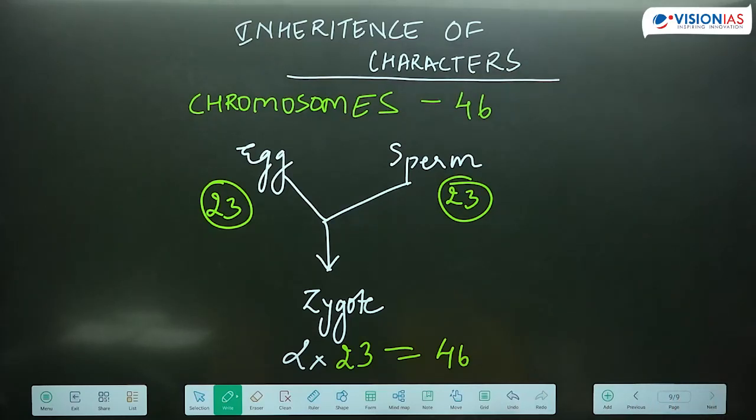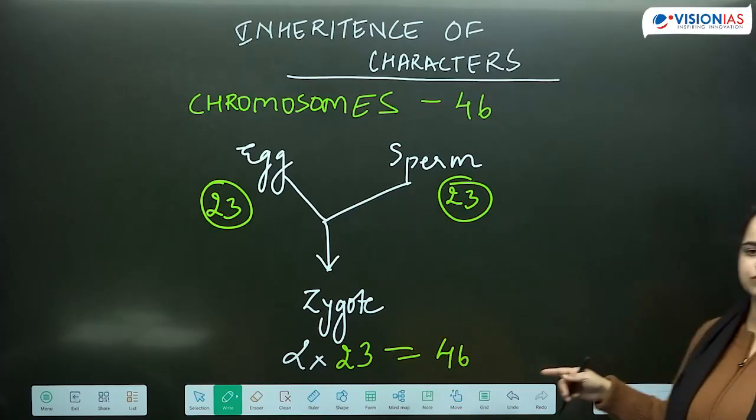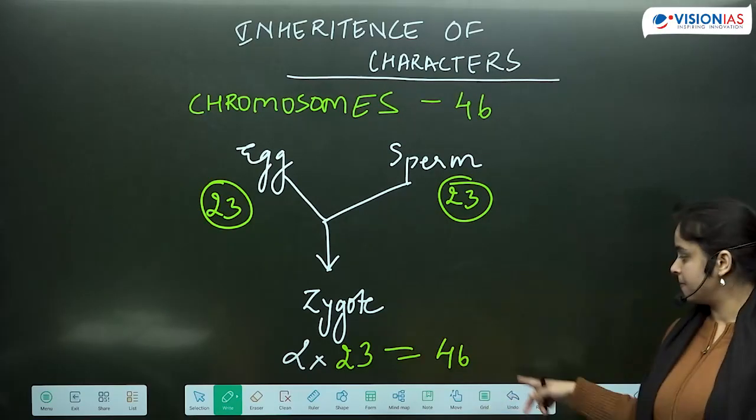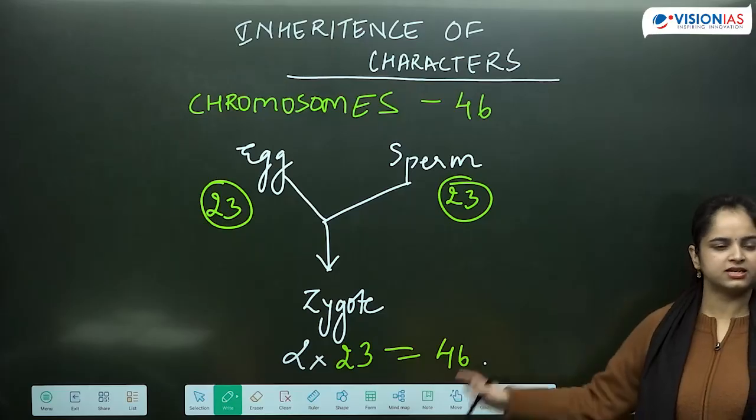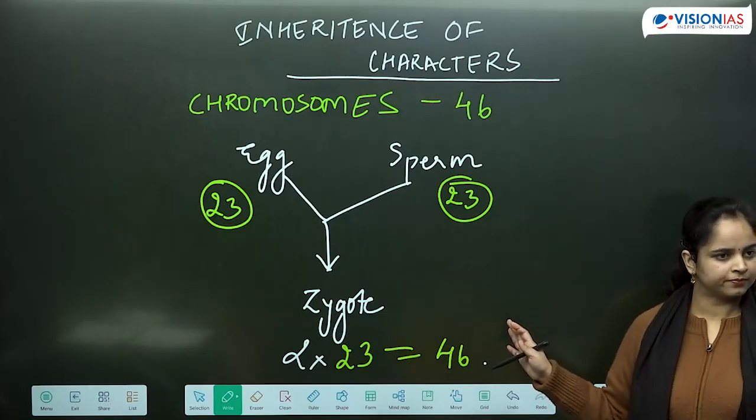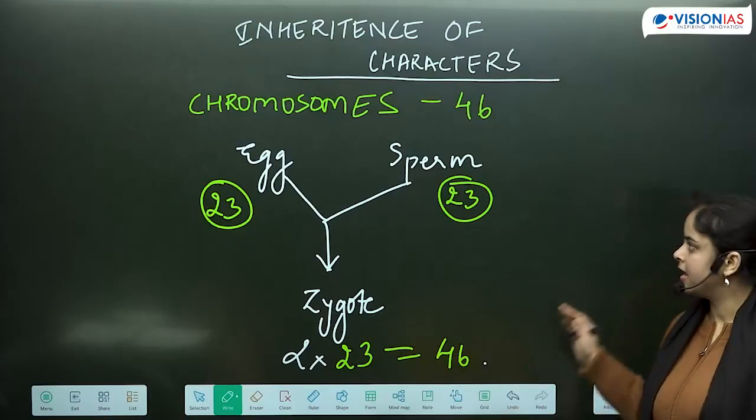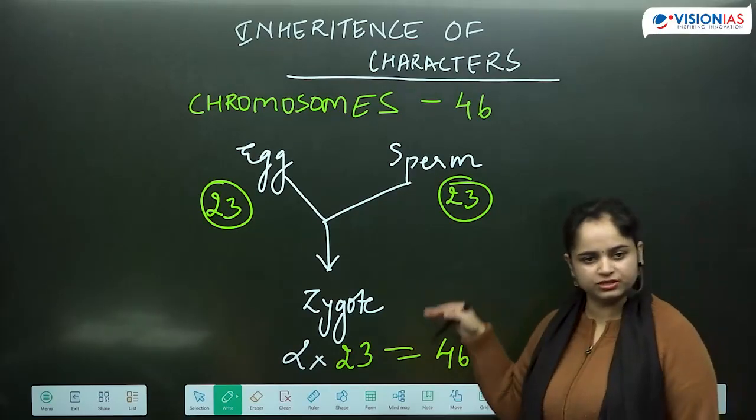In this way, every time reproduction takes place, every time chromosomes go into the next generation, this number 46 is going to be maintained at all times. This is fixed. Okay. We have standard terms to describe this.